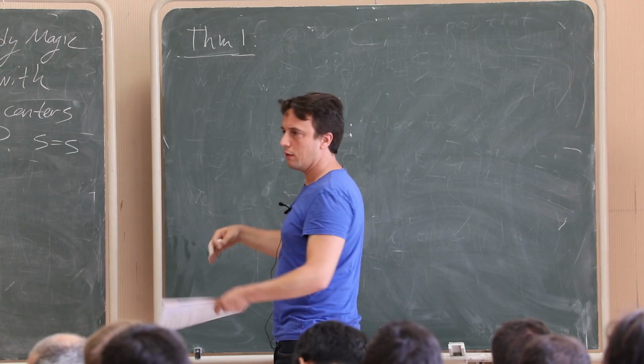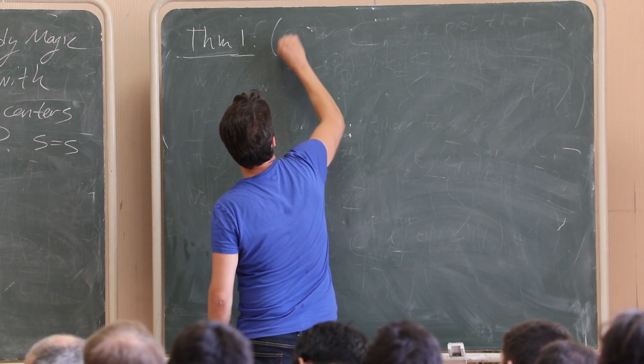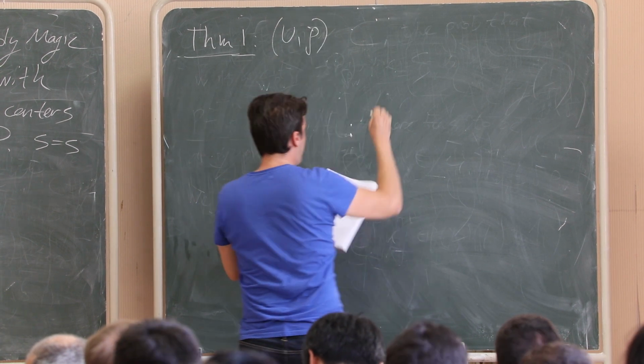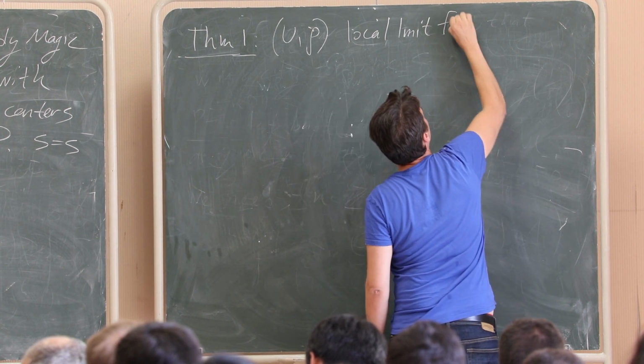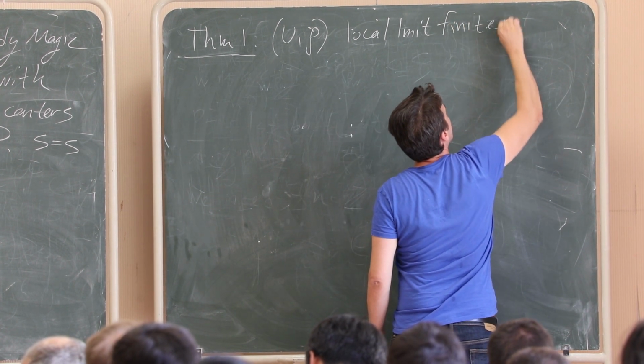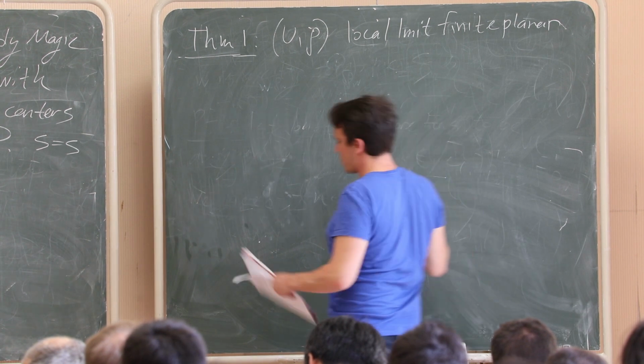So this will be all that we worked on so far. Let U, rho be a local limit of finite planar maps or graphs, whatever you want.